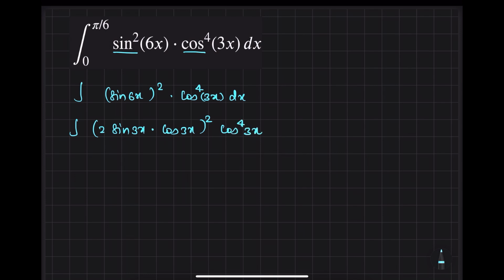Now this 2 will become 4. 4 will be taken outside as it is a constant number. Sine square 3x and then cos to the power 6 of 3x dx. Okay, I hope till this part you guys are okay.